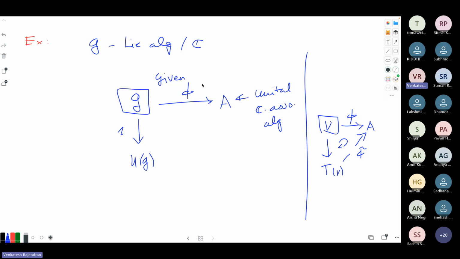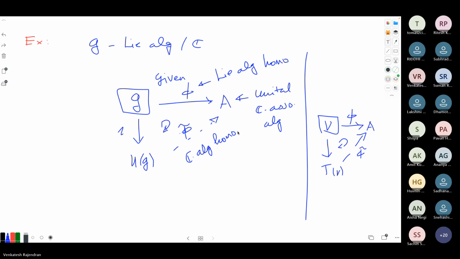So we expect this pi to be at least a Lie algebra homomorphism. Then given this pi, a Lie algebra homomorphism, you can prove that there exists an extension of this pi such that this diagram commutes, and this extension must again be an associative algebra homomorphism. So this is a C algebra homomorphism. This is what you have for Lie algebras.